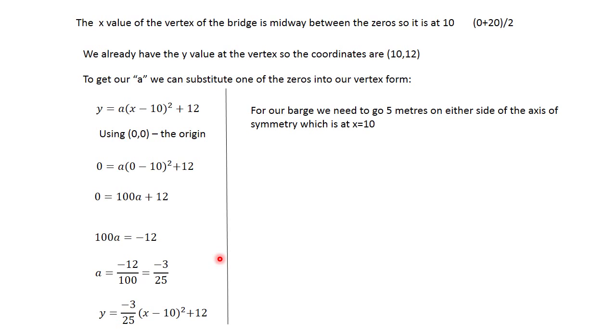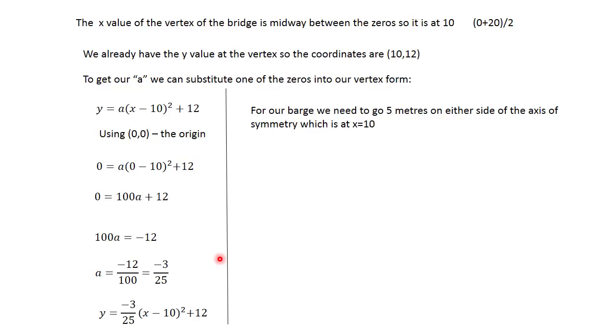Okay, let's use that now to figure out whether this barge that we talk about can actually go through this tunnel. Now remember, we need 5 meters on the other side of the axis of symmetry. Axis of symmetry is that line in the center, which was at 10. x equals 10 is the axis of symmetry.